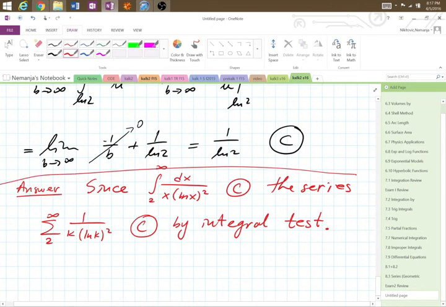And that is your answer right there. So everything else was the prep for it.